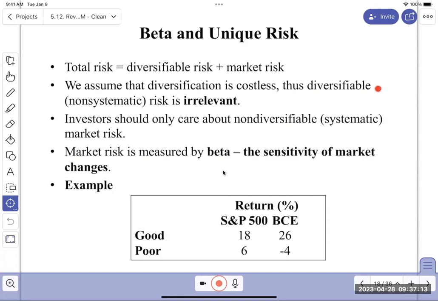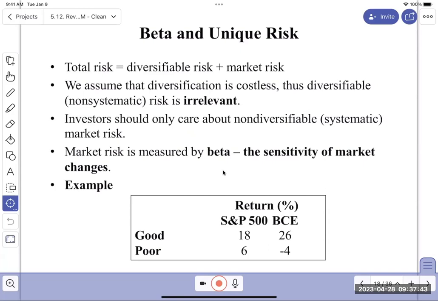They didn't put any effort into computing or estimating the best portfolio. So thus diversifiable non-systematic risk is irrelevant. In other words, you can just pick a lot of stock and on average you're going to do the best you can with reducing the diversifiable risk. Investors should then only be concerned with non-diversifiable risk or market risk.